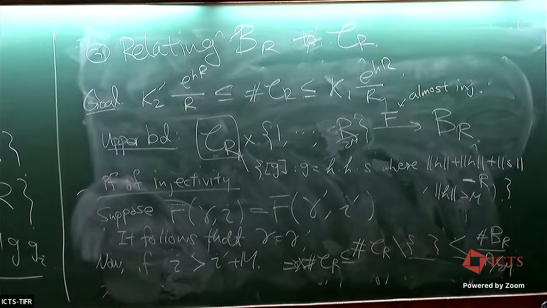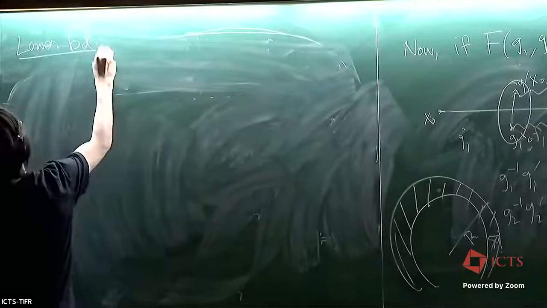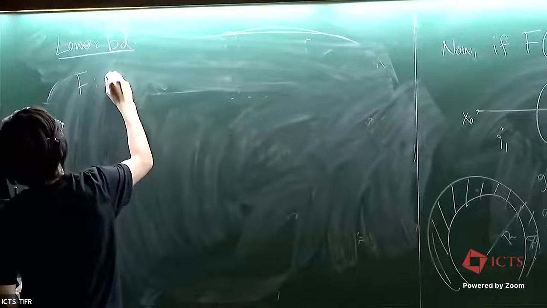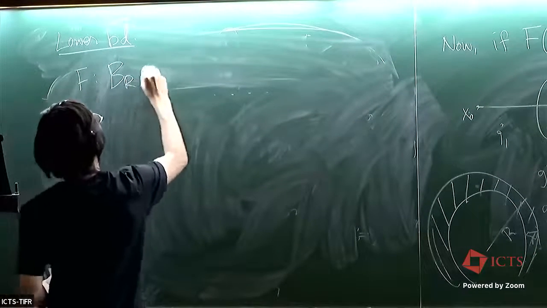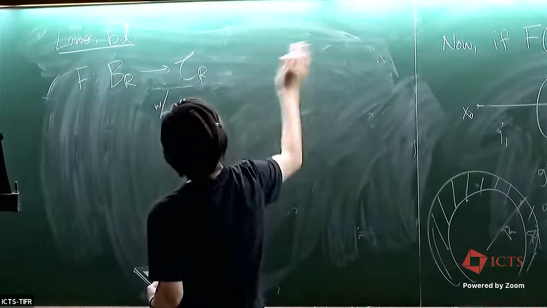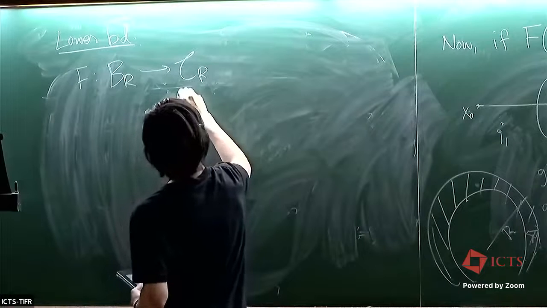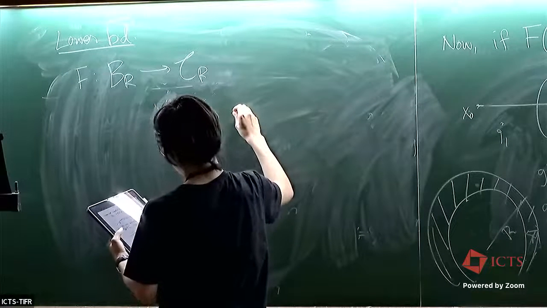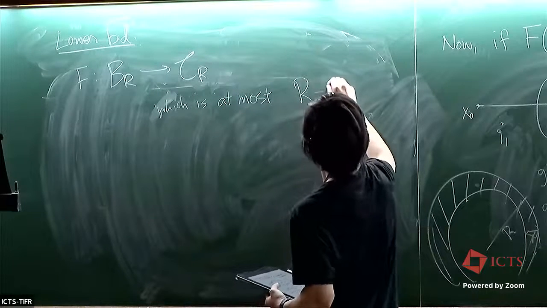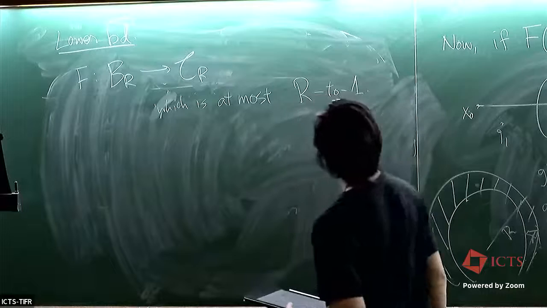Now the lower bound. For the lower bound, you should construct the reverse direction of the map, from BR to CR. But this time, the map should be at most R21 map.